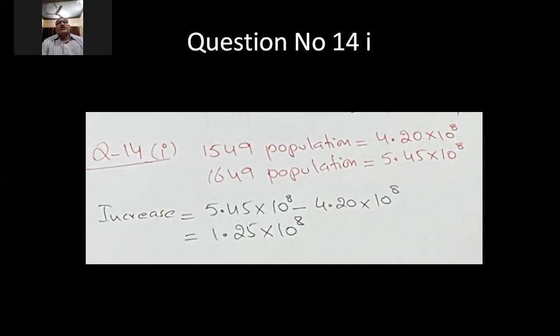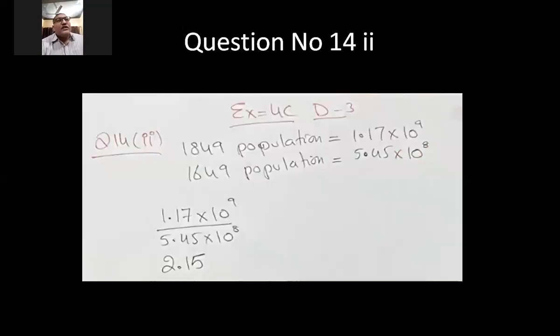The new population is 5.45 × 10^8 minus the old population 4.20 × 10^8, and it shows an increase in the population by 1.25 × 10^8. So this is the increase in the population, and this is question number 14, part A.